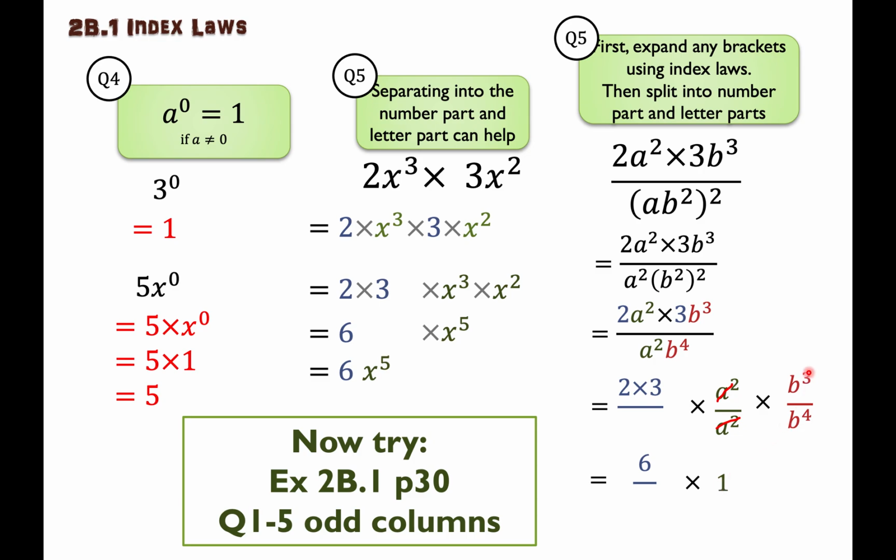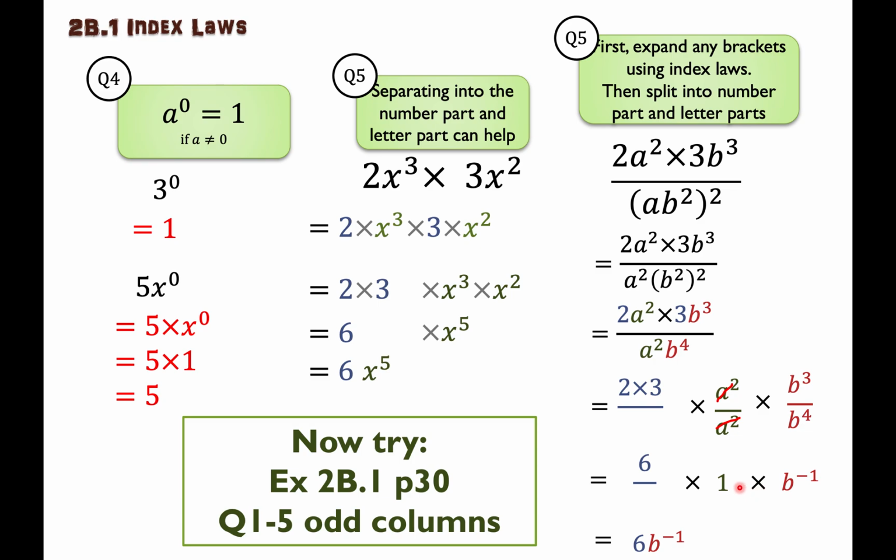And finally, I've got b cubed divided by b to the power of 4. This is a fraction with an exponent on the top and the bottom. They have the same base, so it will be b to the power of 3 take 4. 3 take 4 is minus 1. Now this is okay, but it's not really fully simplified. 6 times 1 is just 6.